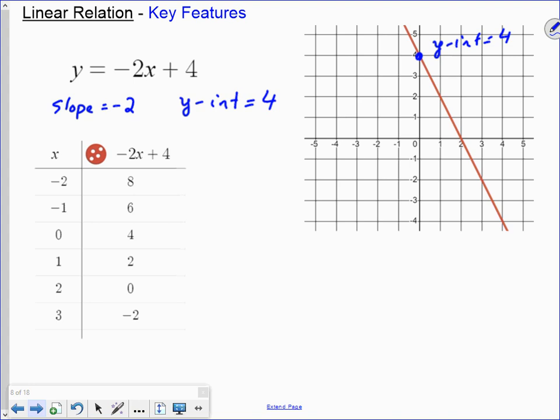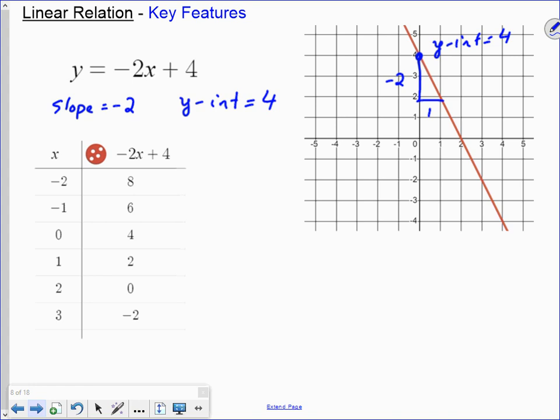And our slope, our change in y over change in x, our rise and our run, we have to be going down 2 and going over 1. So we can make these connections between features of the graph, like the slope, which tells us something about the equation, or the equation tells us something about the graph.